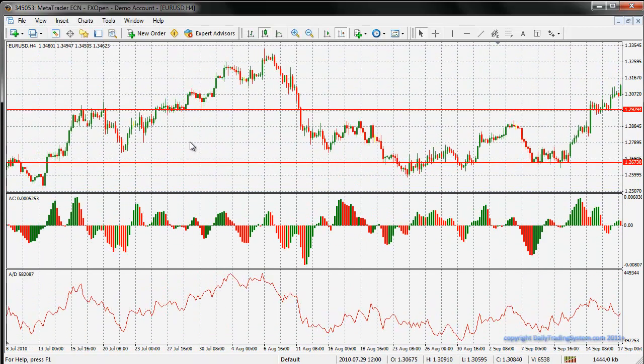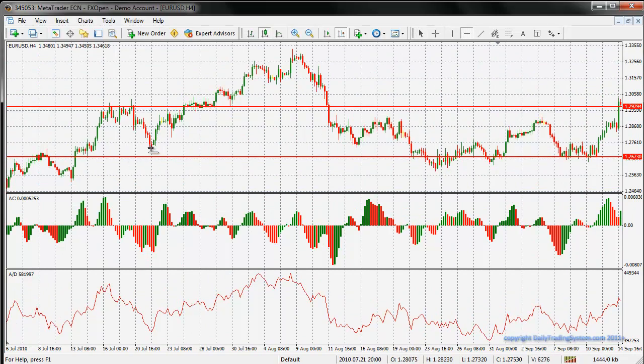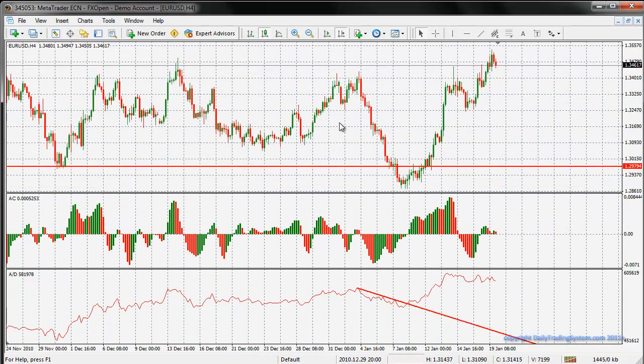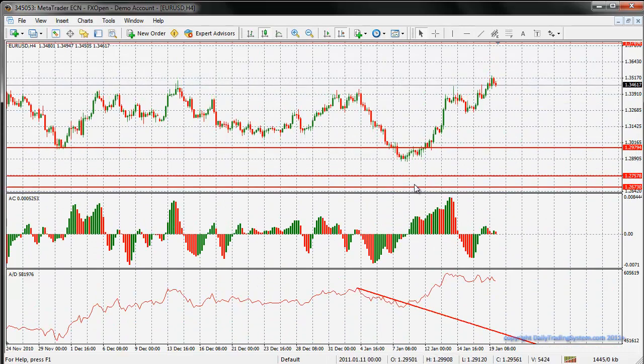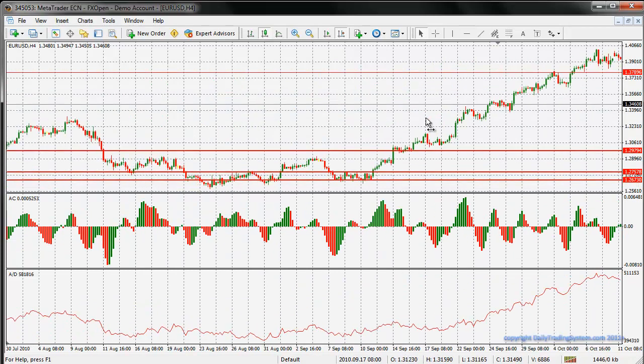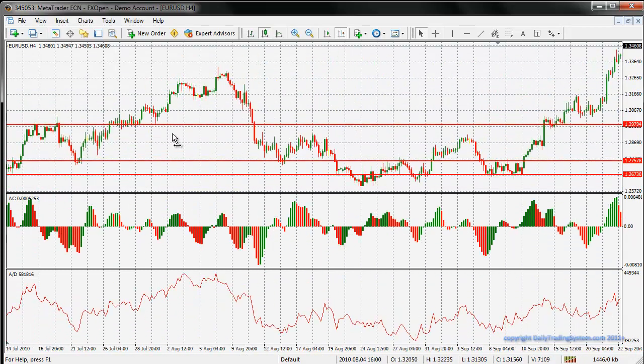We've got some more around here as well, and that was almost pretty close. So we're all doing okay for support and resistance levels.